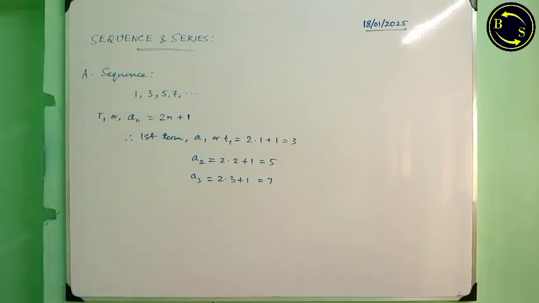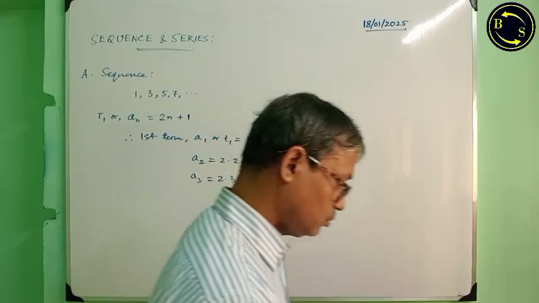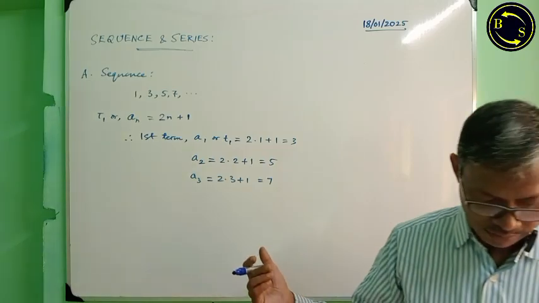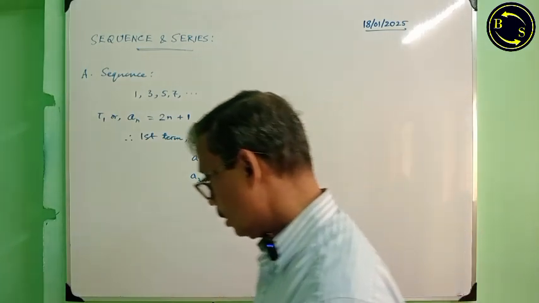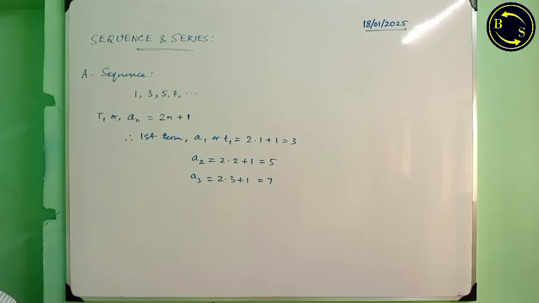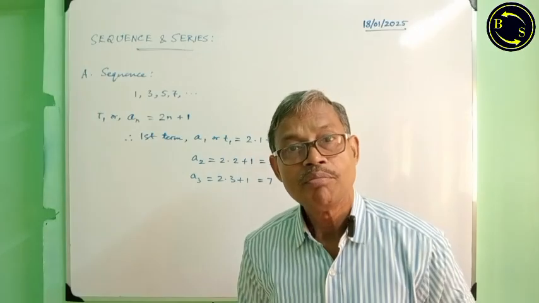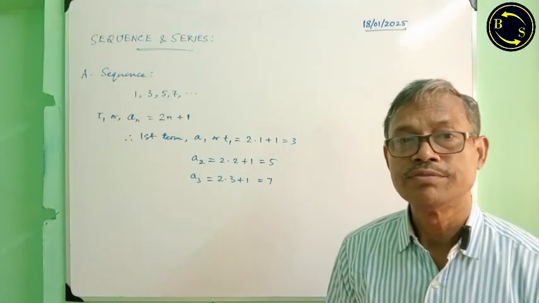Already I have taken an example. Then a sequence can be redefined as the numbers or quantities which are in order, have some pattern or rule, are said to form a sequence.